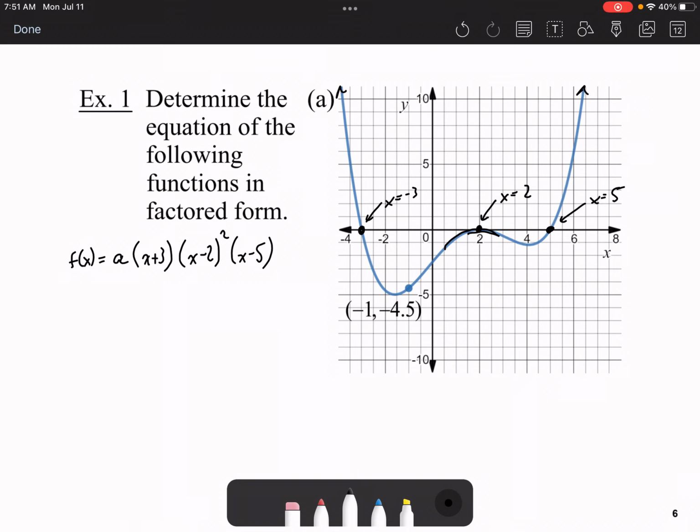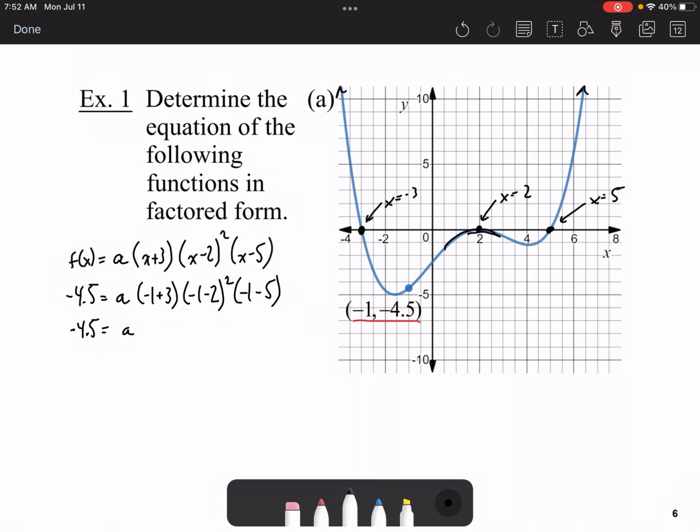Now you can notice I have one other point listed right here. It's the point (-1, -4.5). So what we're going to do is substitute that into our function. So if x is equal to -1, f of x is -4.5. Like so. Okay, so now I'm going to work this out and solve for my value for a.